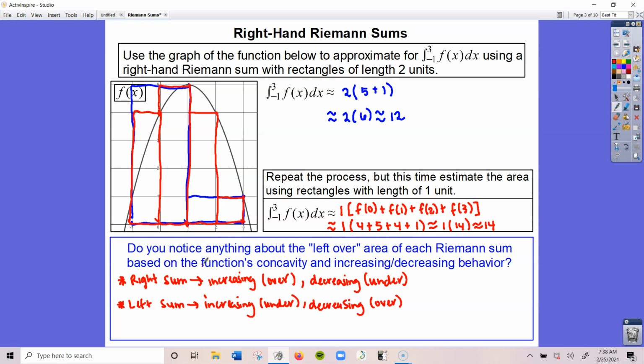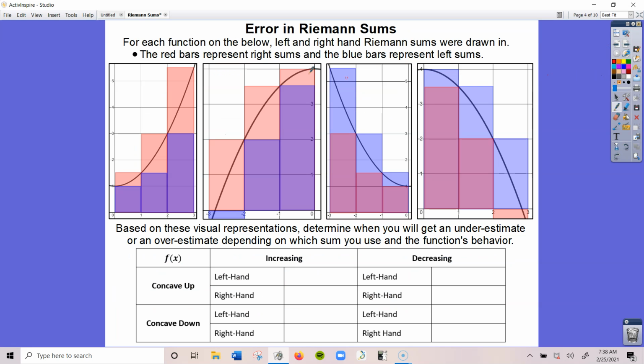Now, in order to investigate what the concavity has to do with it, let's examine a couple of graphs. For each of these functions below, the left and right-hand sums were drawn in already. The red bars represent the right sum, and the blue bars represent the left sum.